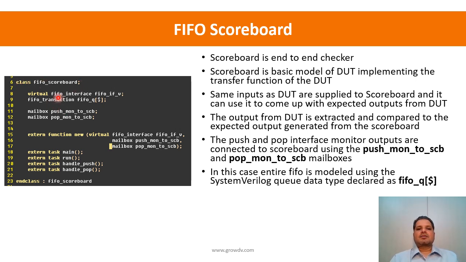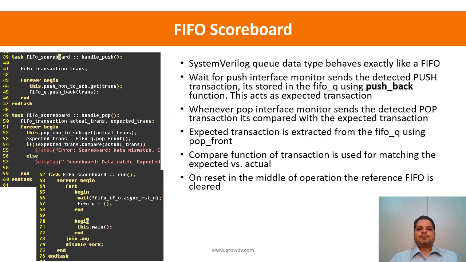So this is a class, and we are taking in both of the mailboxes coming from two different push and pop monitors, and we receive those mailboxes through the constructor. Then we will look at how these functionalities are implemented in the next slide.